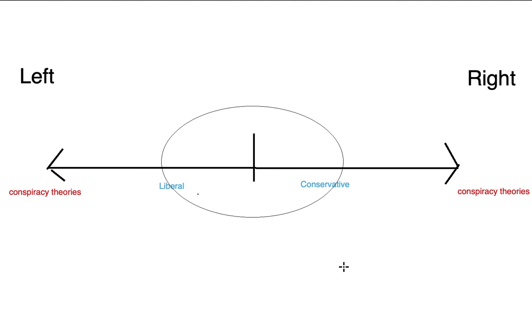Again, bias is not the greatest thing in the world, but it's not necessarily a bad thing. What you need to do when you're reading sources on a topic is get to the point where you can sense, is this article very, very, very close to neutral? Or is this article a little bit conservative? And if it's a little bit conservative, but mostly factual, you can use it, but now try to go find one that's a little bit liberal.